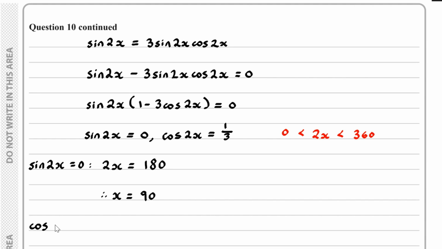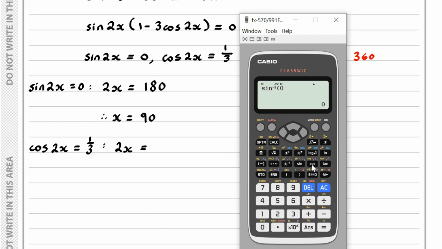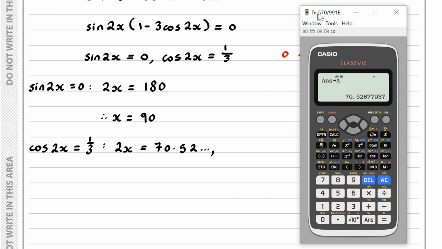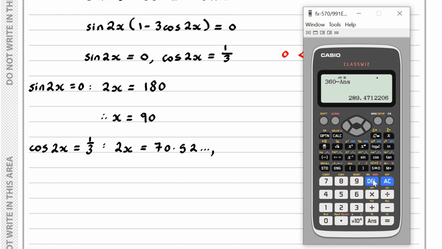And if we now focus on cos 2x equals 1/3, 2x is equal to, well, the inverse cosine of 1/3, that's 70.52, etc. Store this into A. And then if I do 360 minus this, I get 289.47, etc. Store this into B. So therefore x is equal to, well, if I divide this by 2, I get 144.7 degrees to one decimal place.